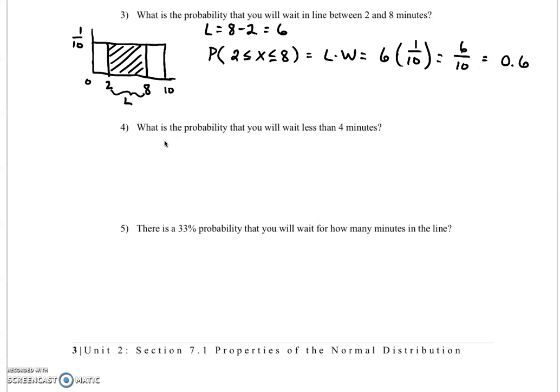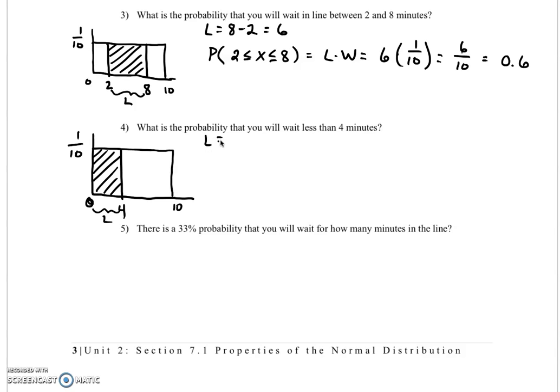Okay, what's the probability we wait less than 4 minutes? So less than 4 minutes. Draw our distribution again. So here's 4 minutes. Less than means to the left side.